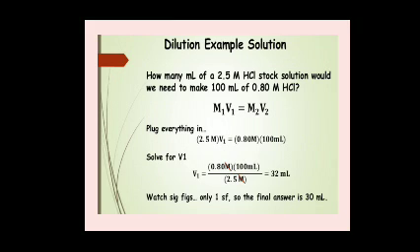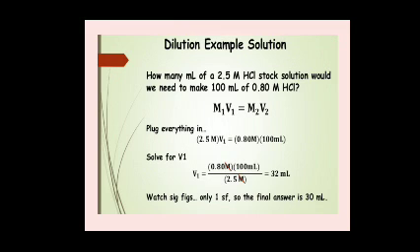Dilution of solution. How many milliliters of 2.5 M HCl stock solution would we need to make 100 ml of 0.8 M solution? Therefore, dilution law: M1V1 is equal to M2V2. 2.5 M into V1 is equal to 0.80 into 100 ml.